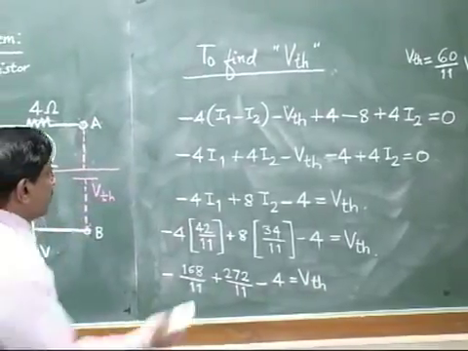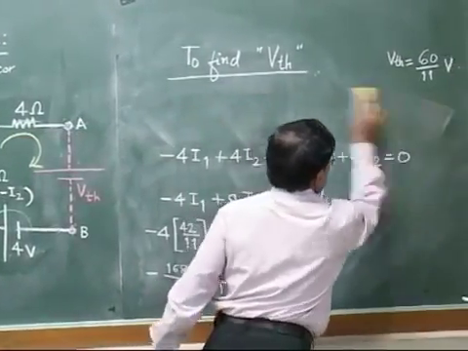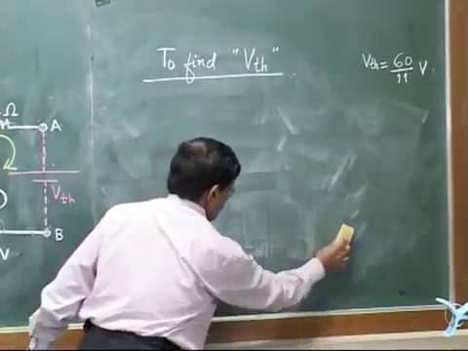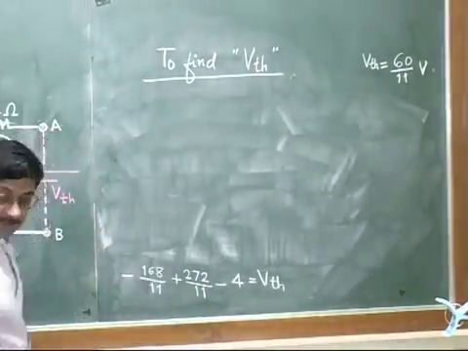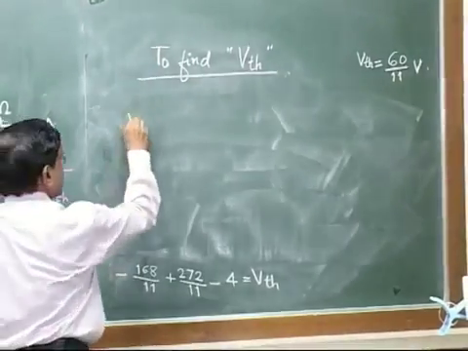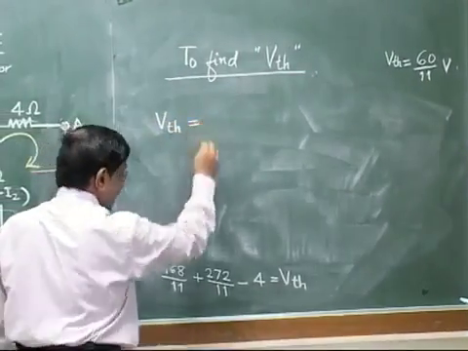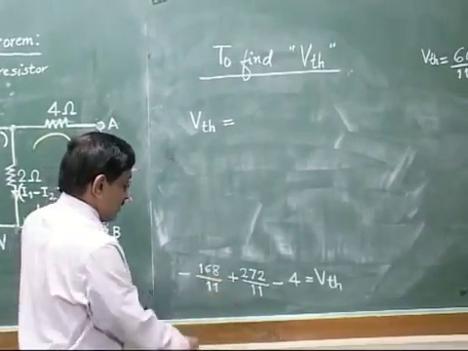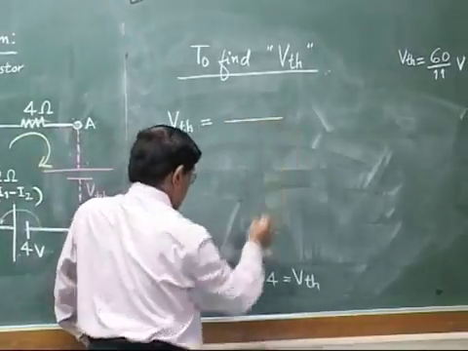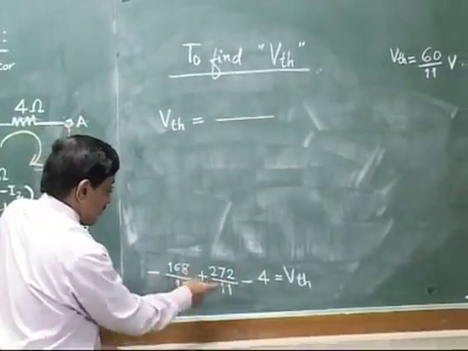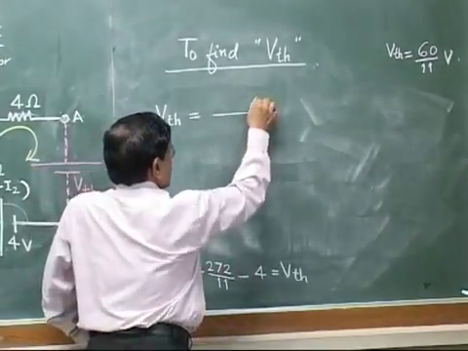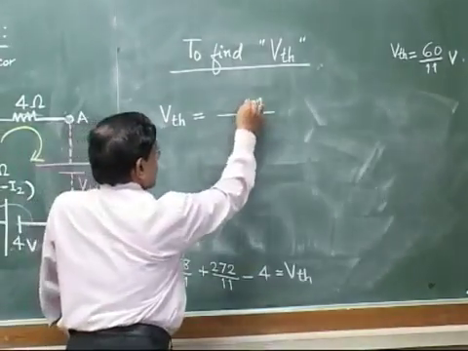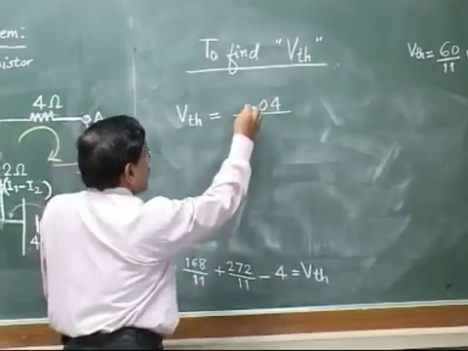That means VTH must be equal to, just the simple calculation of these fractions, how much? The addition of these two terms will be 104.